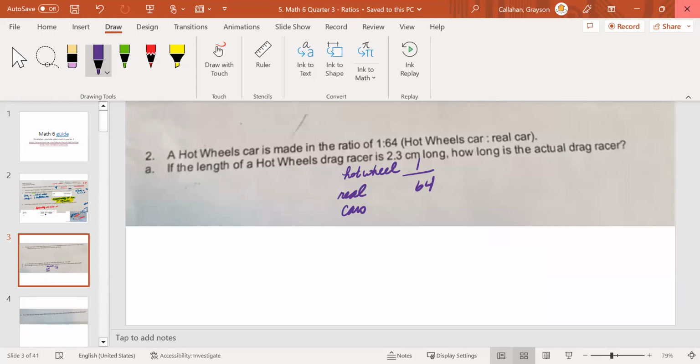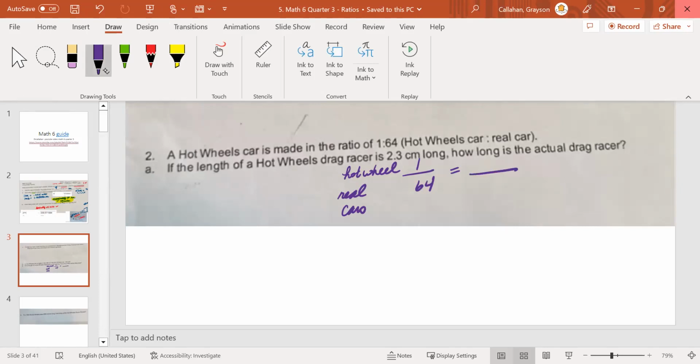Yeah. If the length of a Hot Wheel car drag racer is 2.3 long, how long is the actual drag racer? Okay. So then, this is Hot Wheel, right?